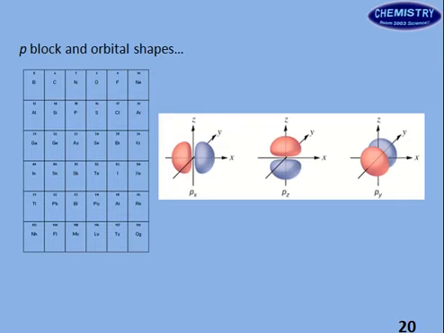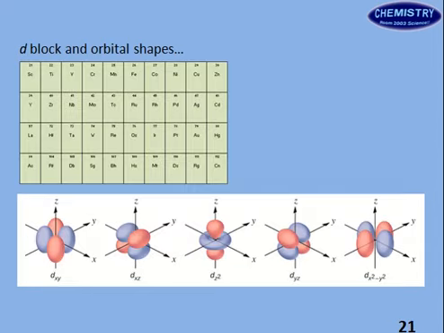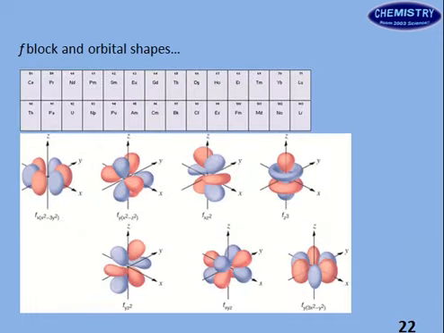Here's the P block and the P orbital shapes. Here's the D block and D orbital shapes. And the F block and F orbital shapes.